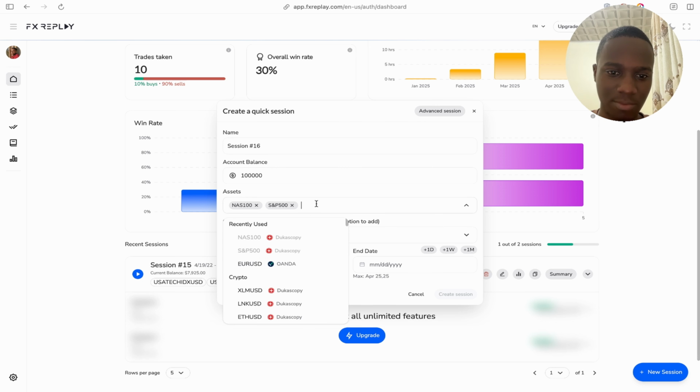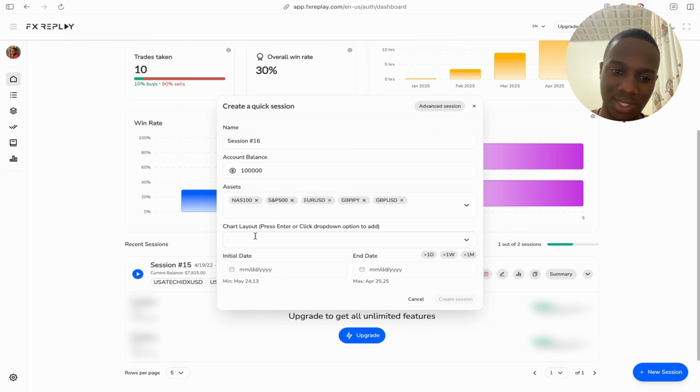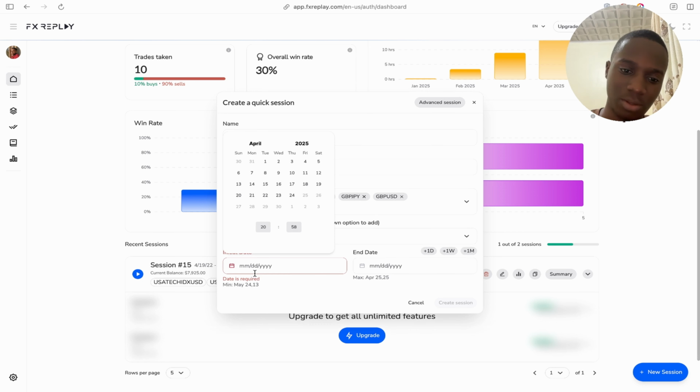So NAS 100, S&P 500, Euro USD, GBP USD, and GBP JPY. Those are the pairs I want to be trading. I haven't classified the ones I really want yet. I'm still trying on and off to see which one will fit me as I explore my strategy and myself as well.